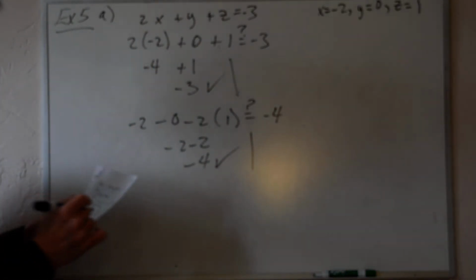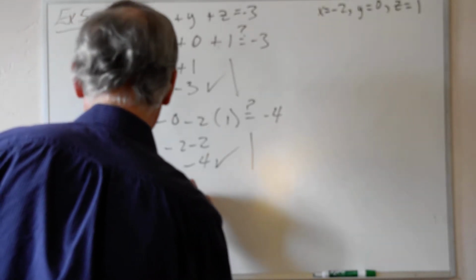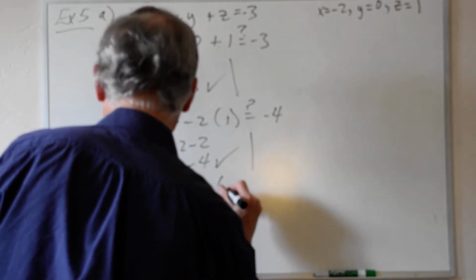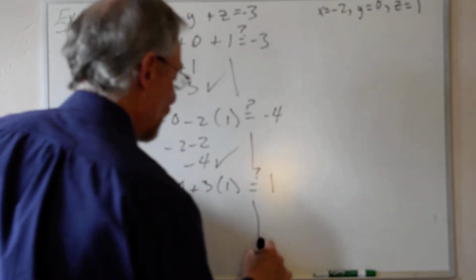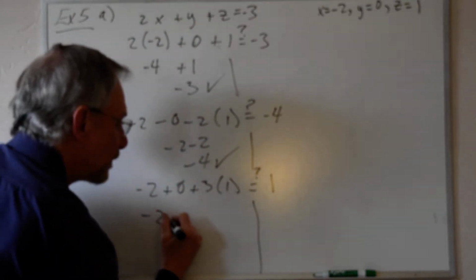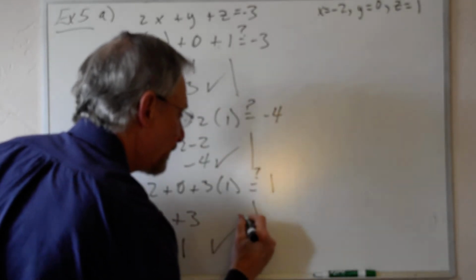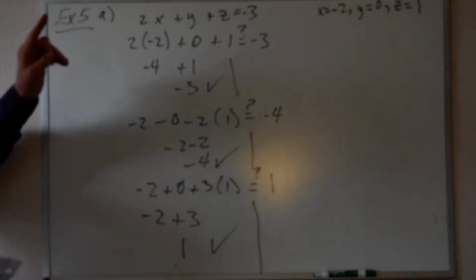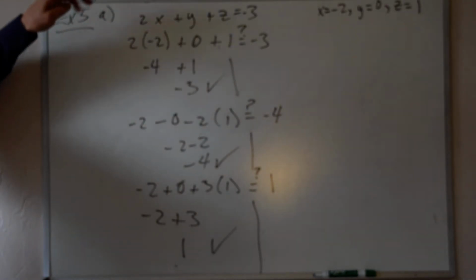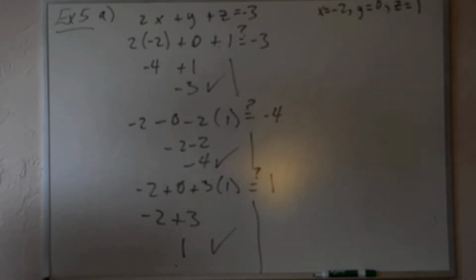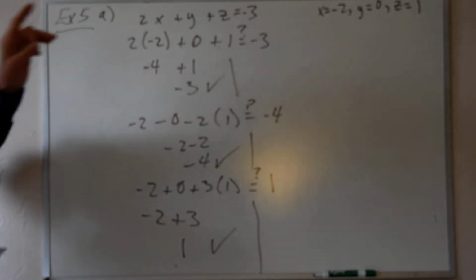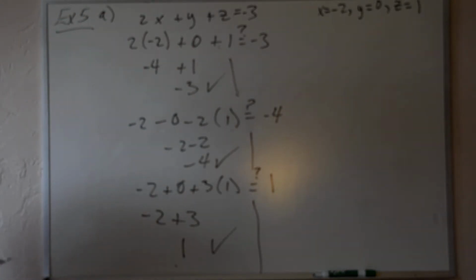Finally, the third equation. Let me just substitute right into it. Will this work out to be 1? Yep. Okay. So this combination of x, y, and z works in all 3 equations in the system. Therefore, it is a solution to the system. And each one of those 3 equations represents a plane in 3-dimensional space.